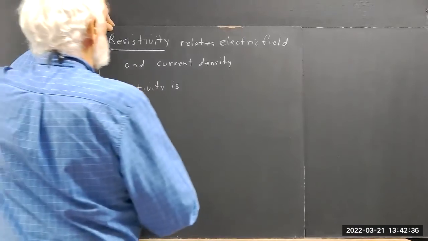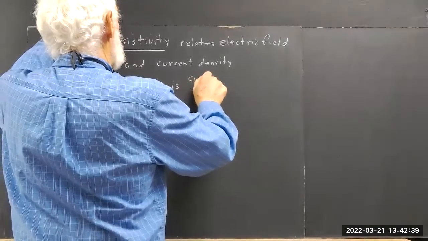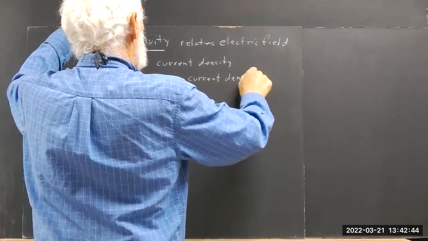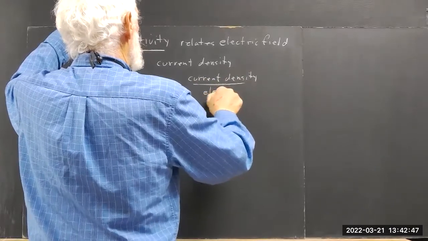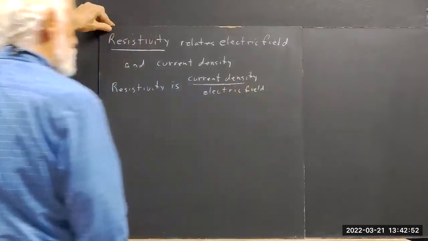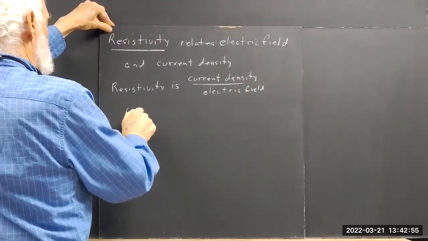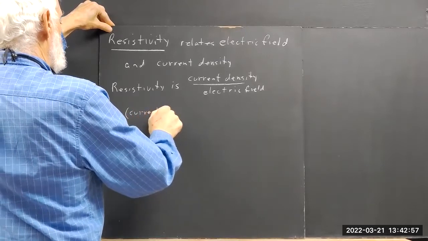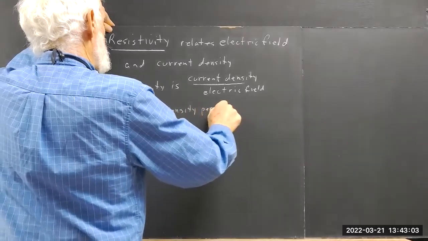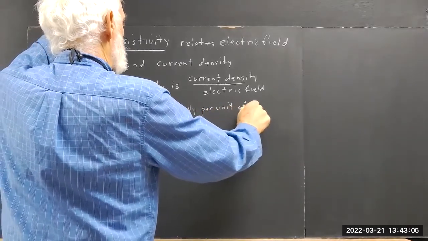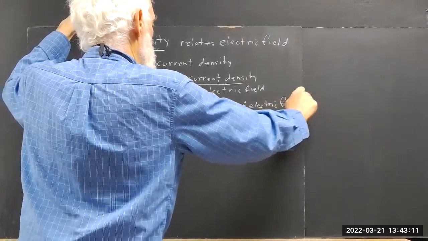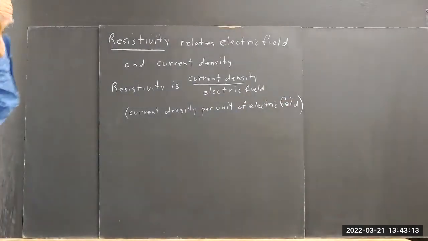Resistivity is, or rather, current density over electric field. Current density per unit of electric field.